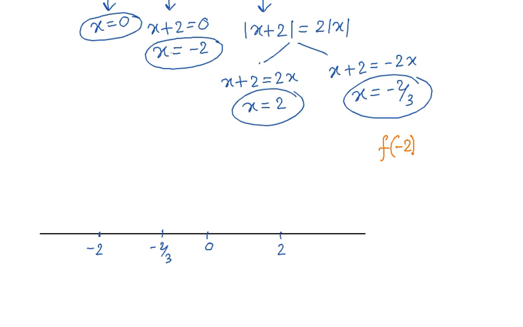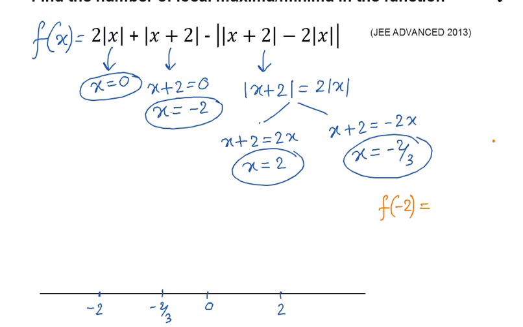We can do that very easily. f(-2), calculated from the given function by putting x = -2, gives 4 plus 0 minus |0 - 4|, so f(-2) turns out to be 0.